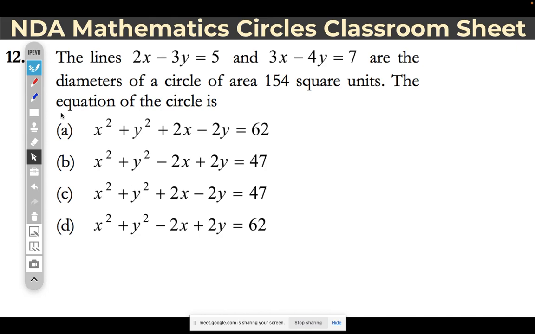Someone got? So option B, x square plus y square minus 2x.